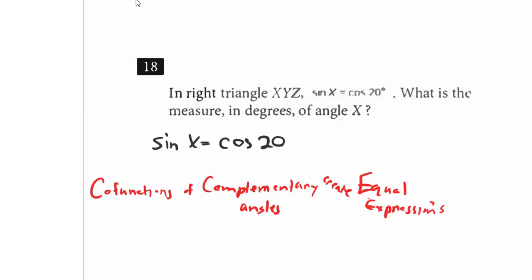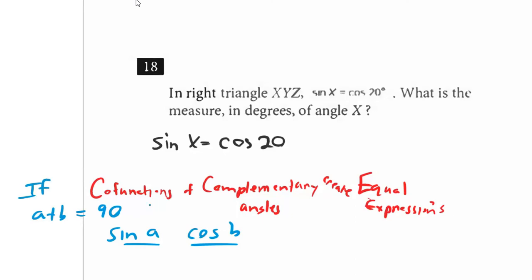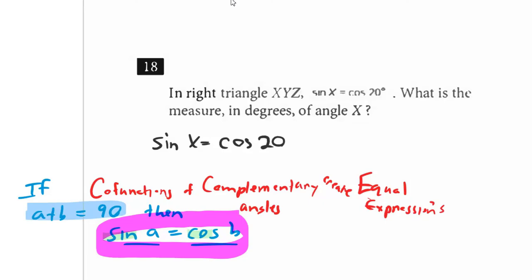To demonstrate that, if I have the sine of A and the cosine of B as two things, if A and B are complementary, complementary means that they add to 90, then it can be said that the sine of A is equal to the cosine of B. That's the equal expressions. So we have cofunctions, sine and cosine, complementary, they add up to 90. Therefore, we have equal expressions. The sine of A equals the cosine of B.